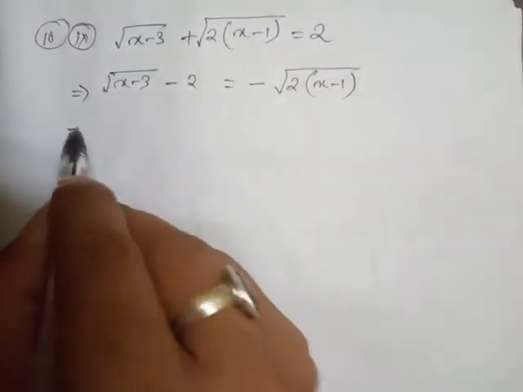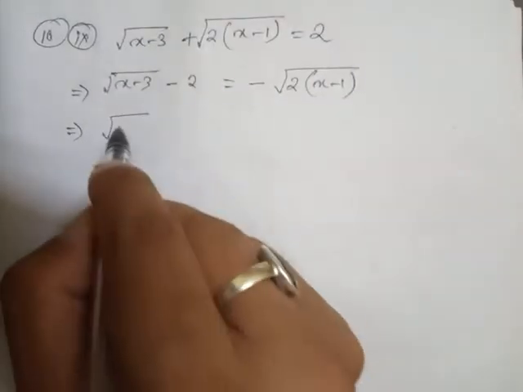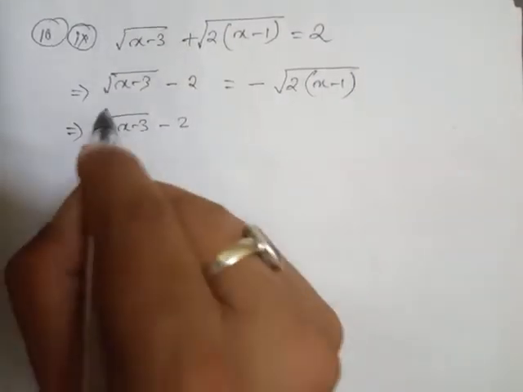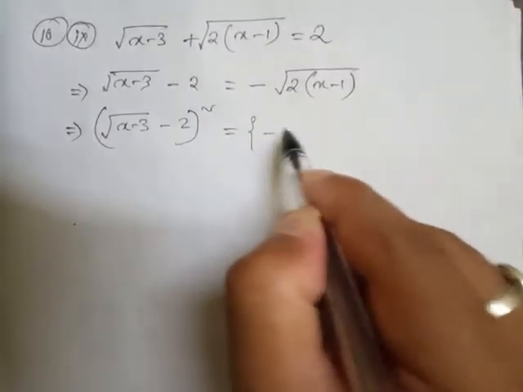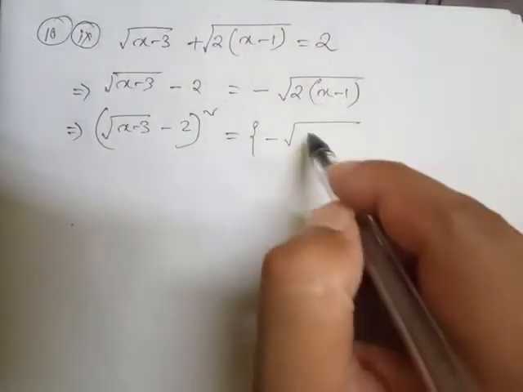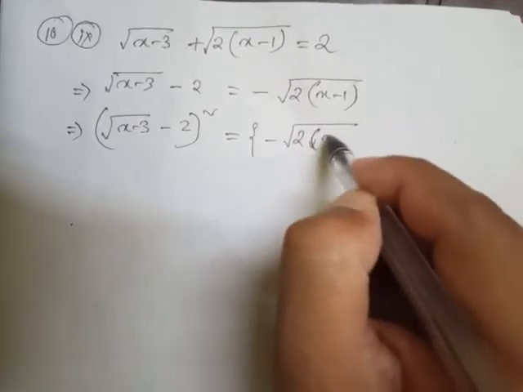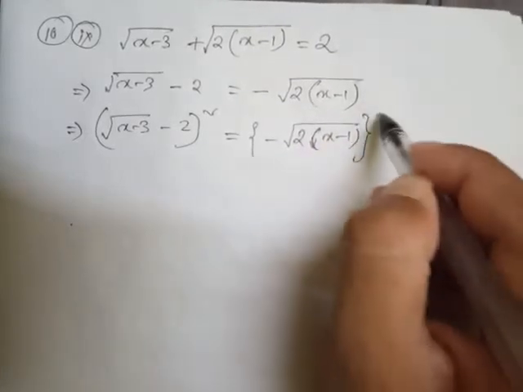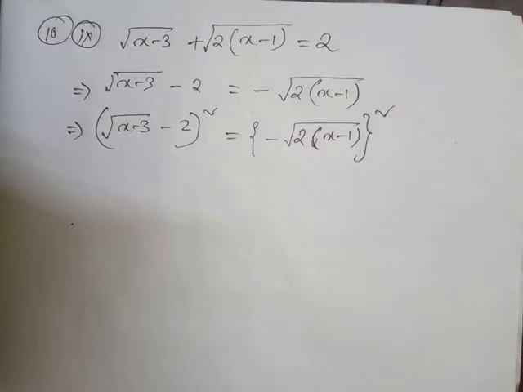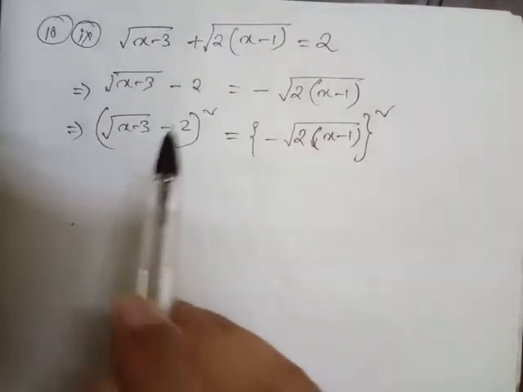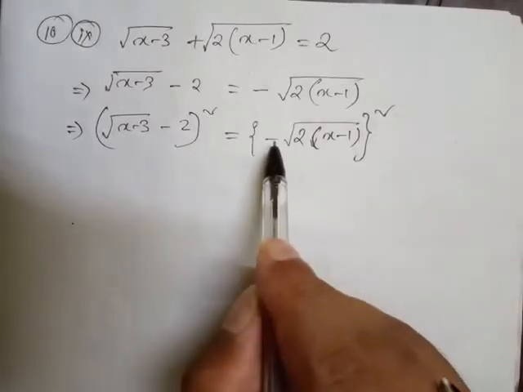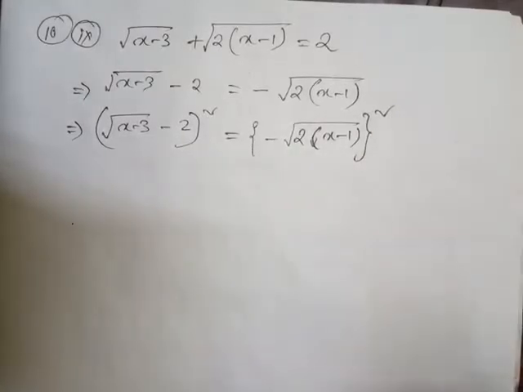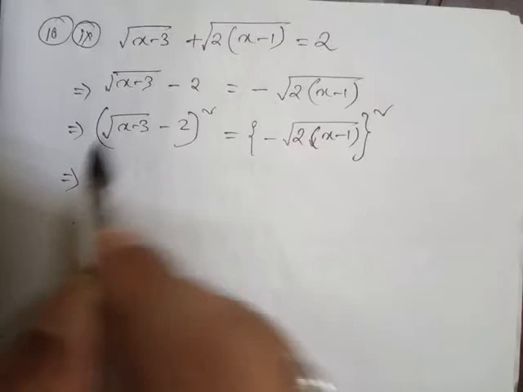So what will happen if I go for the squaring both sides? So x minus 3 and there is minus 2, whole thing square, and here also minus 2, then x minus 1, whole thing square. Now look student, after that here we'll apply the formula a minus b whole square, and minus square is plus here. Now look how to solve this, the second part.